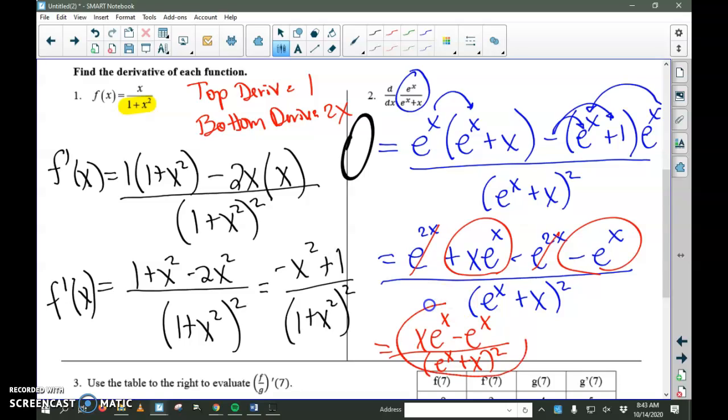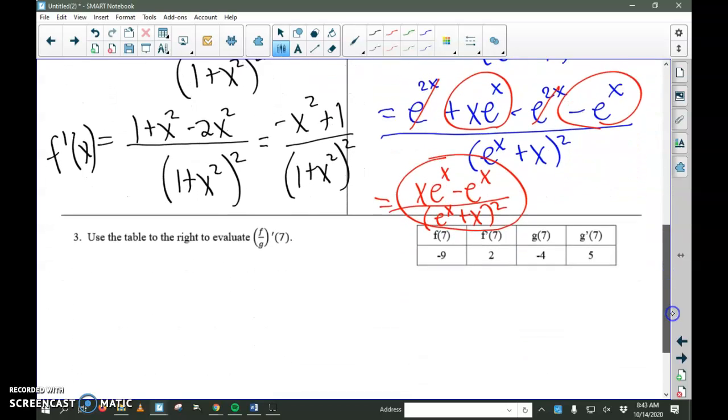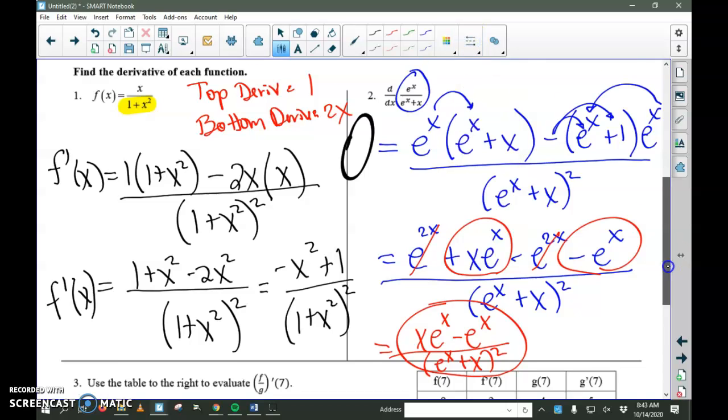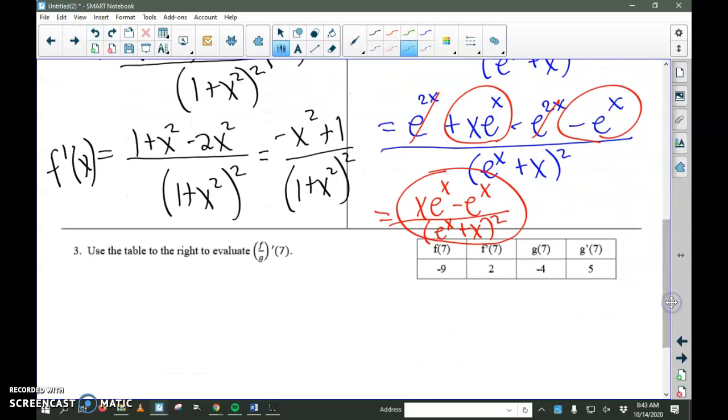I talked in my other video that sometimes you will see that e to the x factored out, so you could, but it's not necessary. I just like to be aware of those things, in case it shows up in a multiple choice. Commonly you could have that e to the x factored out.